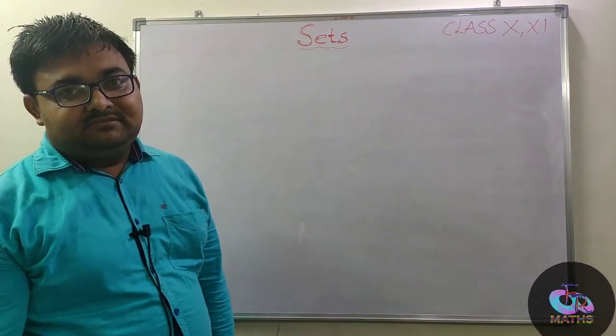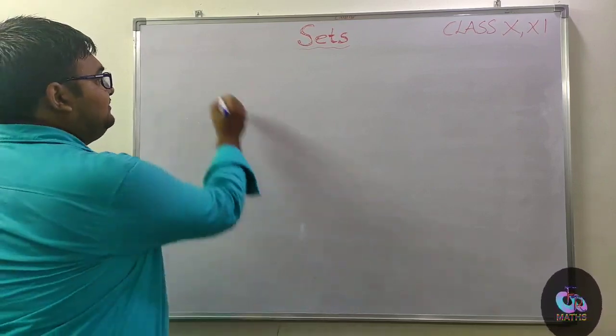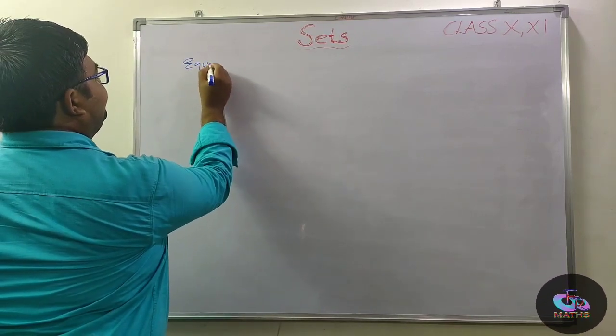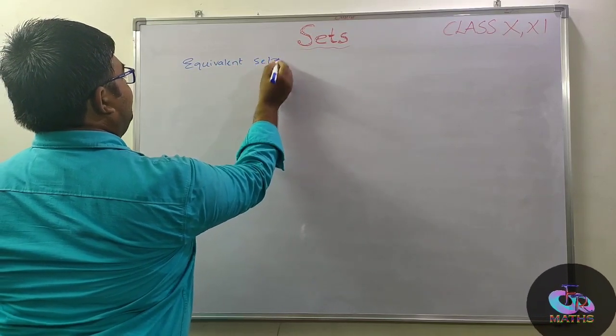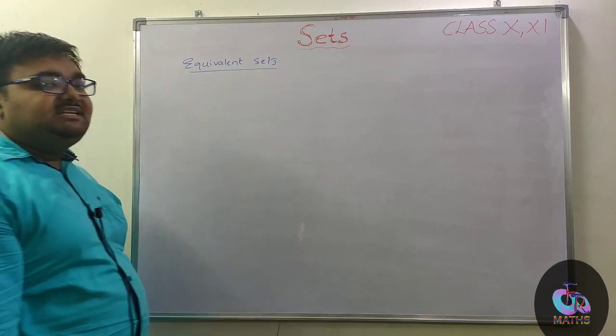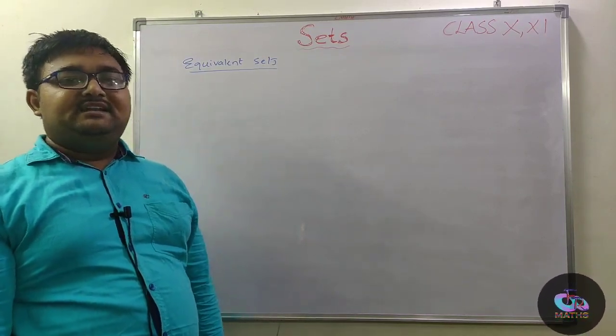Next, coming to the concept of equivalent sets. Equivalent sets means the sets which have equal cardinal numbers.